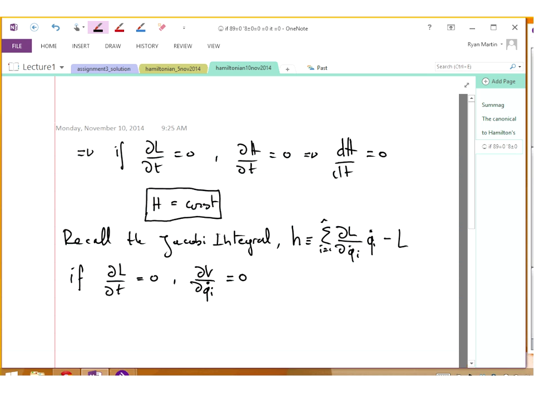So we found that if the Lagrangian didn't depend explicitly on time, then little h was conserved. And furthermore, if the potential didn't depend on the velocities, we found that h was equal to T plus V, which was E, the total energy.